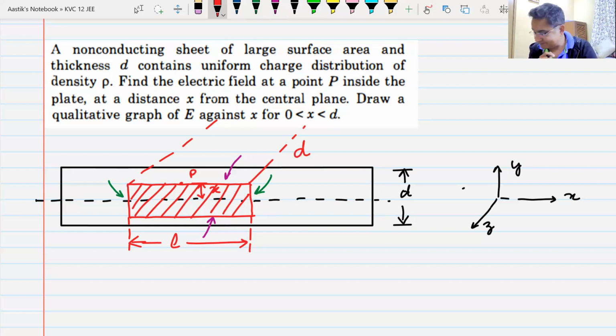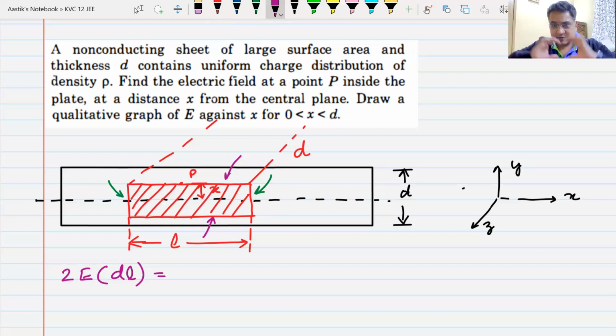Do we understand this? So if I find the flux through this surface, it will be E multiplied by D multiplied by L, the flux through the upper half and the flux through the lower half. So it gets multiplied twice. That must be equal to the charge coming in this Gaussian surface that I have created. The charge would be equal to the volume of this Gaussian surface multiplied by rho.